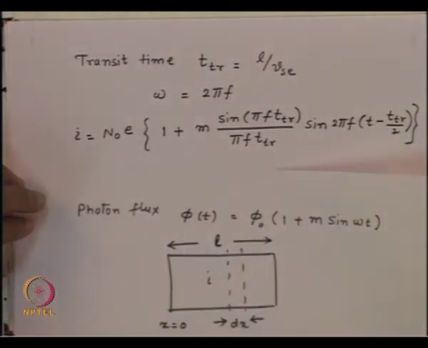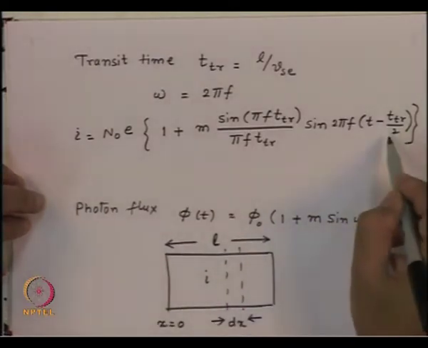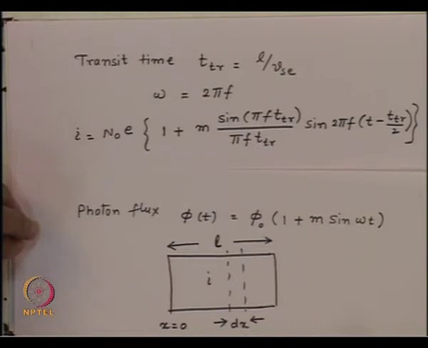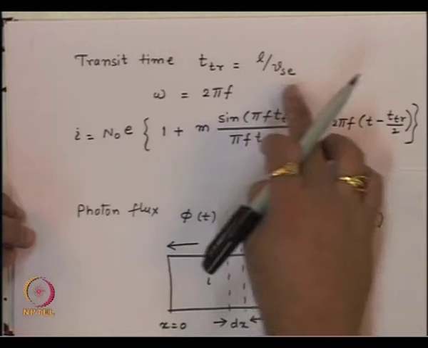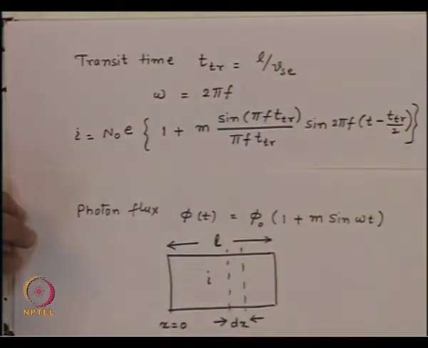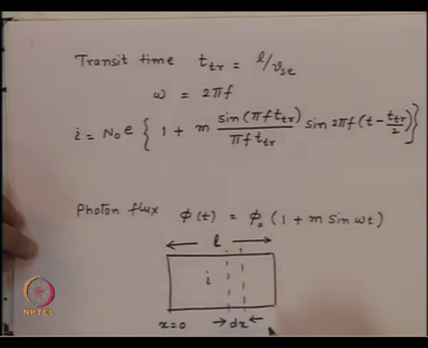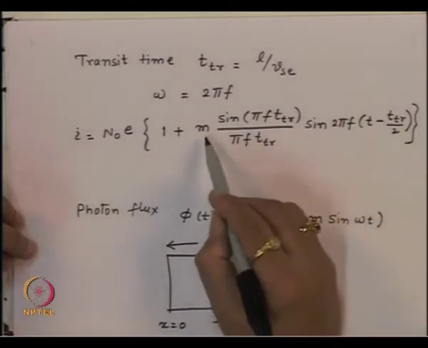So, on average the signal is delayed by half of the transit time in this intrinsic layer. But more important than that is this quantity here, the effective modulation index, which is different from what we had for the original signal. The original signal had a modulation index m, but now we have a modulation index which is m into this quantity.